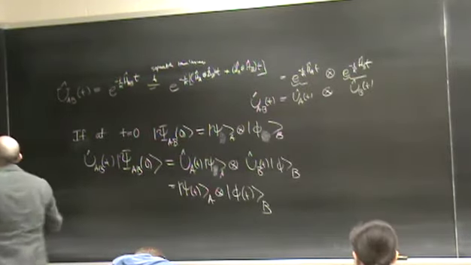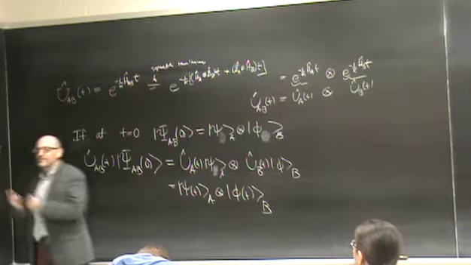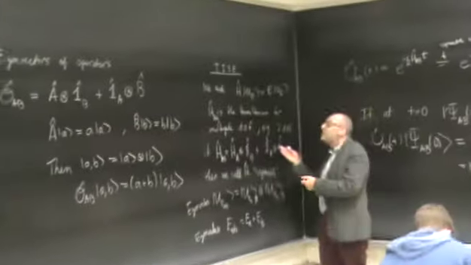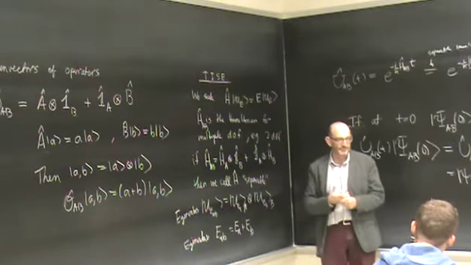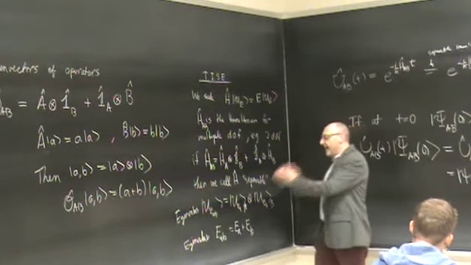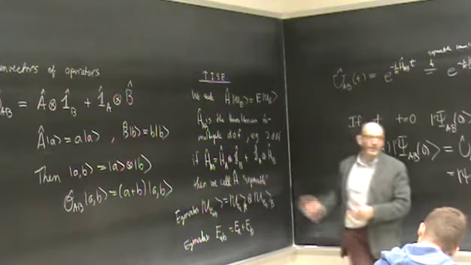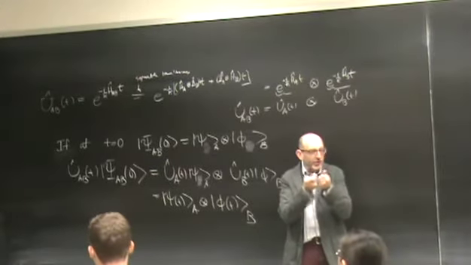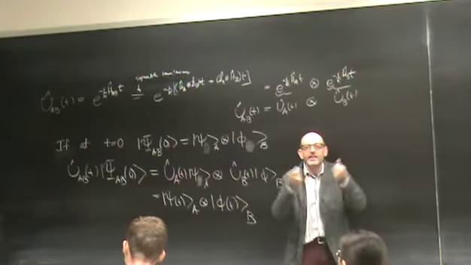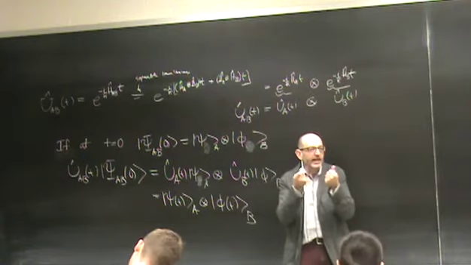Which is to say that when the Hamiltonian is of this form, the degrees of freedom don't interact. So physically, to say that the system is separable between A and B is to say that the two degrees of freedom don't talk to one another. There's no interactions, there's no correlations between them. They're uncorrelated degrees of freedom.